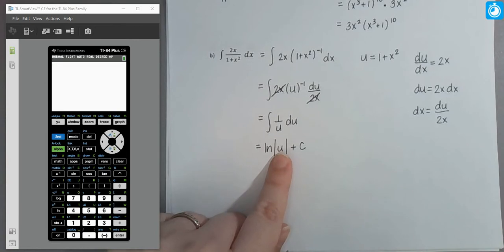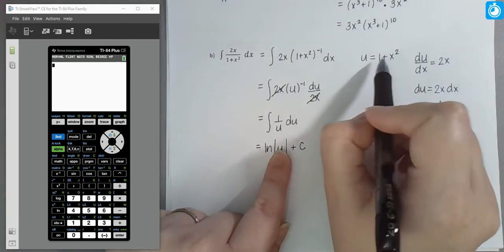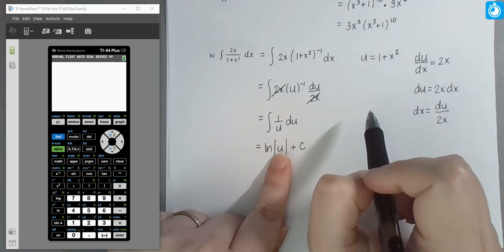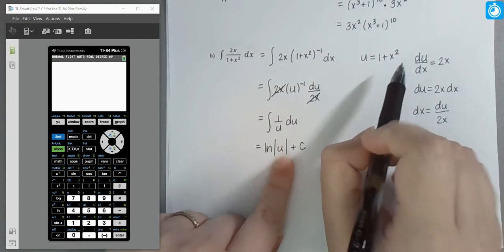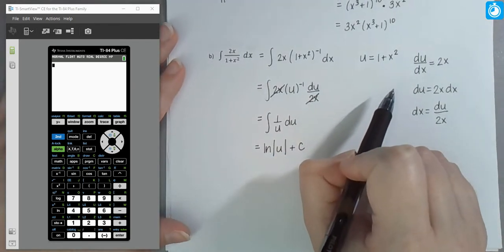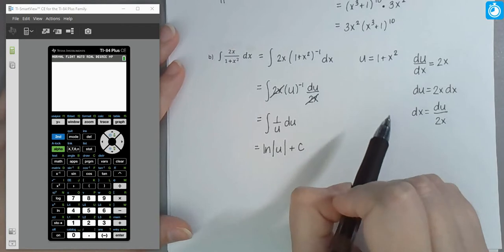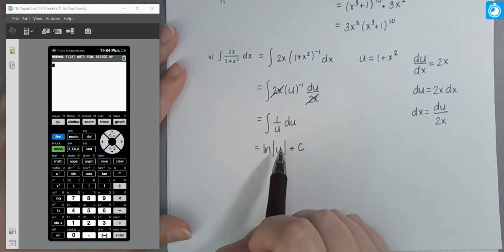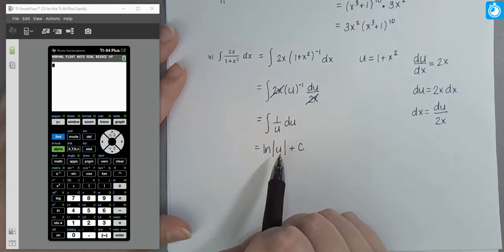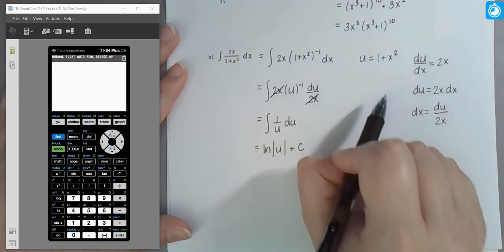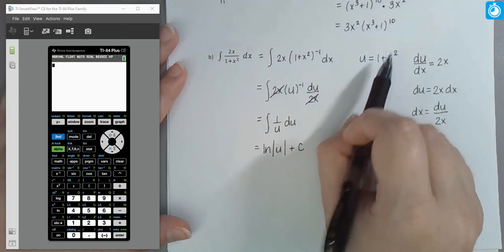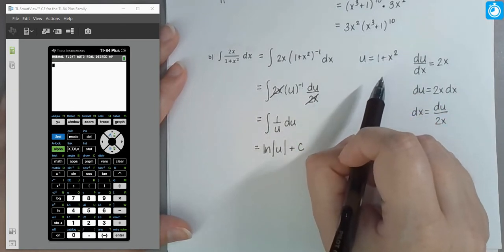Now, what's going to take the place of u? We're going to replace u with 1 plus x squared in order to get back to our original variable. So let's think about 1 plus x squared. Suppose I were to plug in a negative number, which seems like the only possibility where we might have something negative inside of the natural log function. Well, if we plugged in a negative number, we would still get a positive output because we're squaring it.